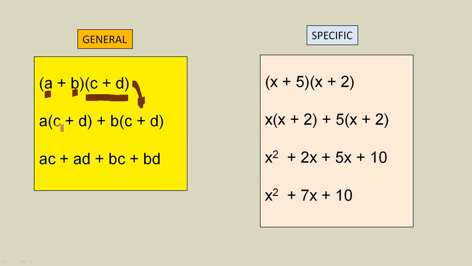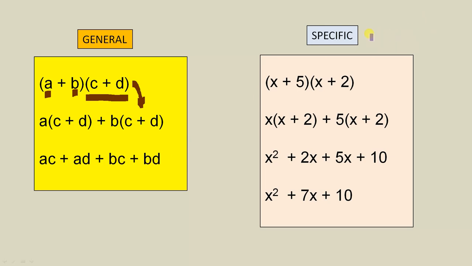Now we remove the grouping symbols. A times c is AC, A times D is AD, B times C is BC, and B times D is BD. So that is the answer. So we have expanded that binomial product to end up with those four terms.